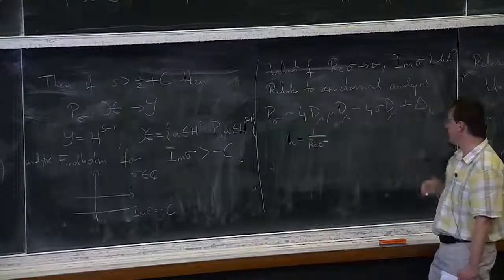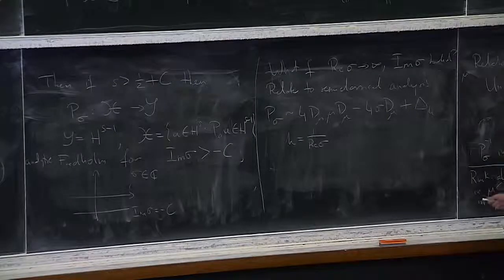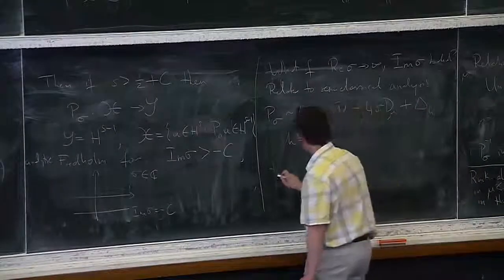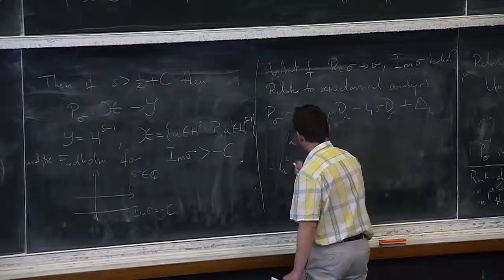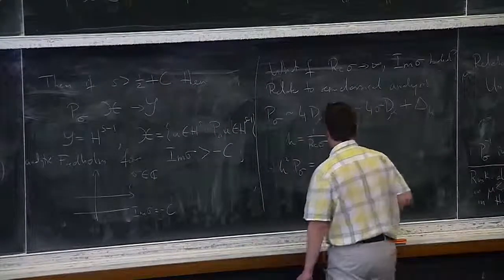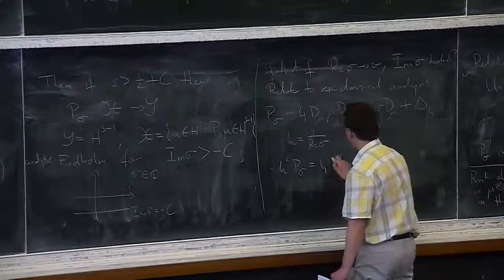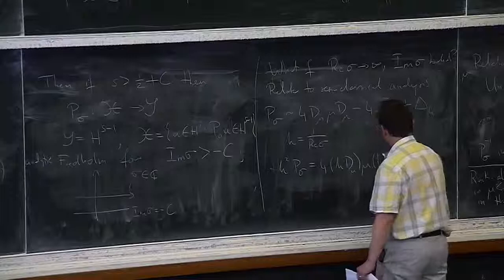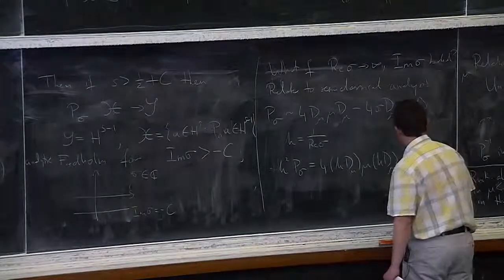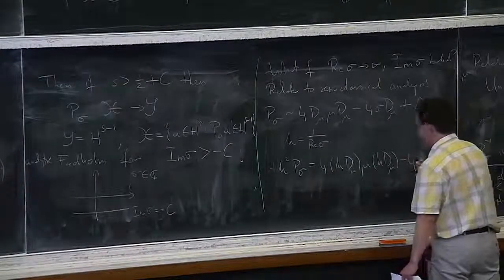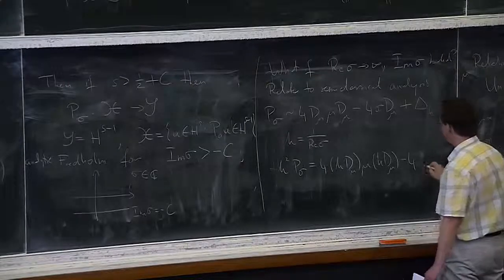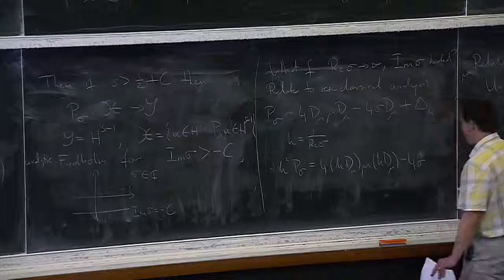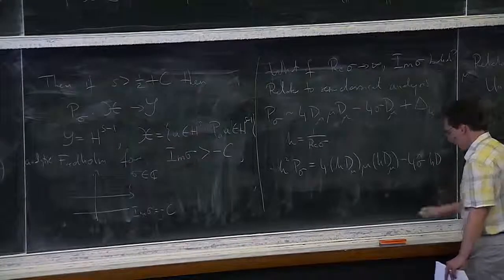So then just divide through by sigma squared, so multiply by h squared. And so what you get is that h squared times this P sigma is equal to something like 4 h d mu, mu h d mu, minus 4, and then maybe I should call this sigma hat, or let's call this z.